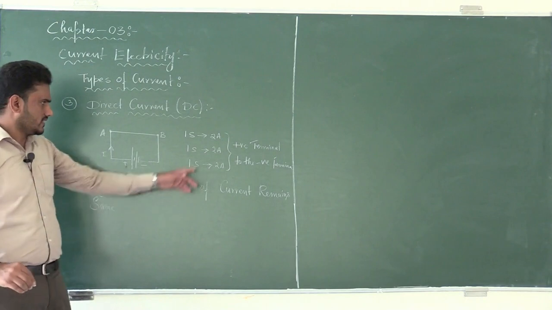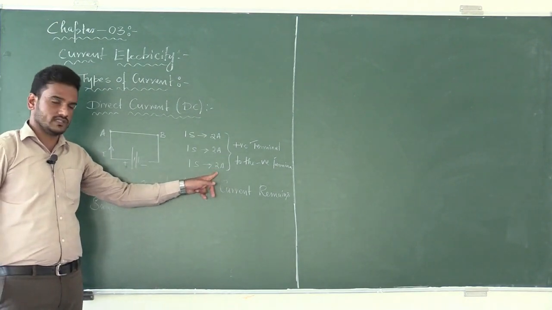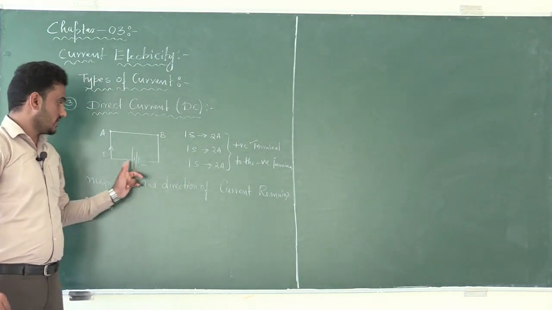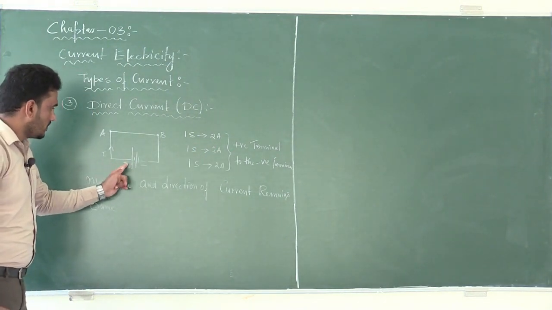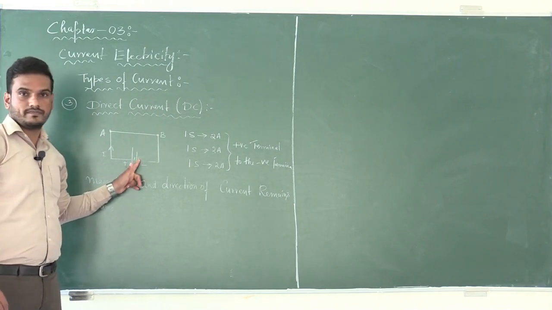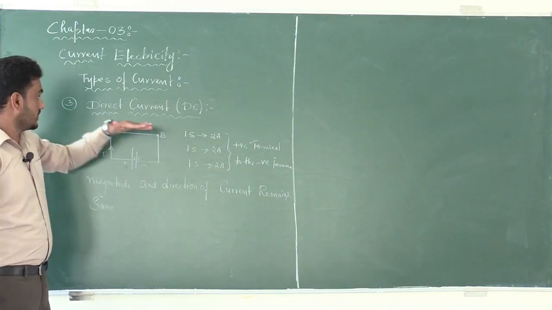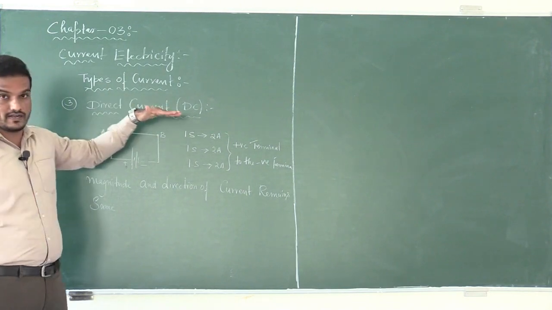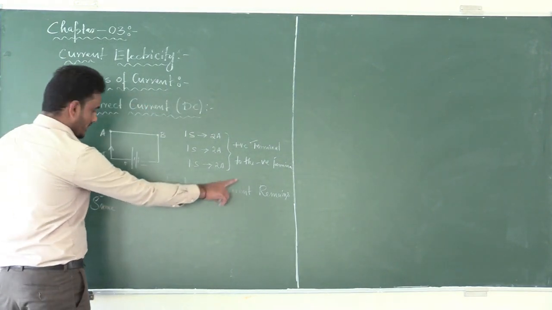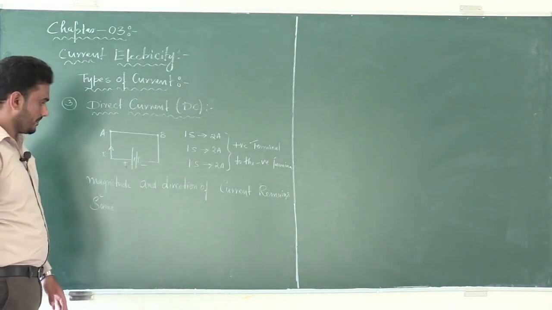See, the magnitude is not changing: 2 amps, 2 amps, 2 amps. Even the direction of the current is always from the positive terminal of the battery to the negative terminal of the battery. Such current is said to be direct current, that is DC. Magnitude and direction of current remain same.